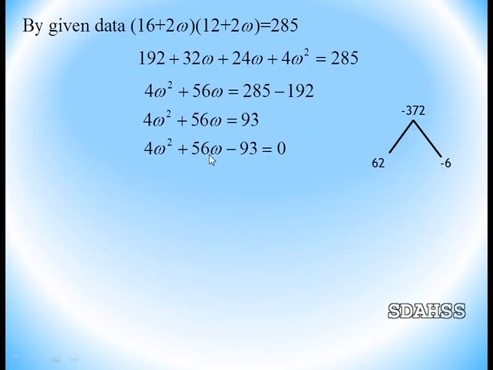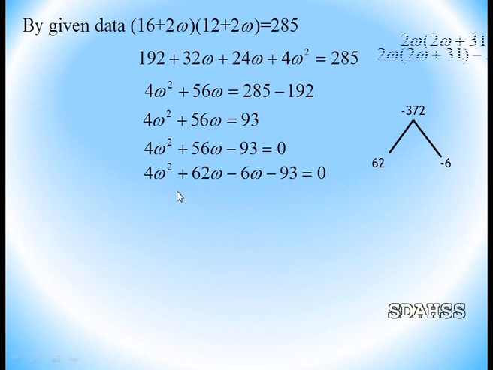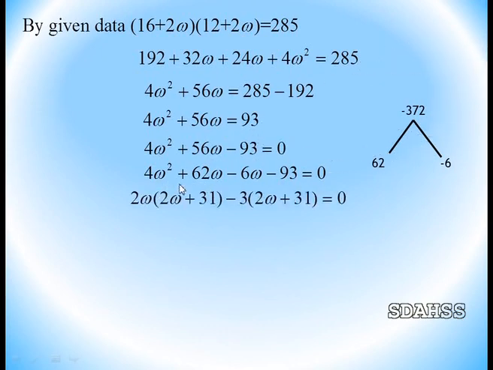So this equation can be written as, you keep the first term 4W² as it is, plus instead of 56W you write 62W − 6W − 93 = 0. In the first two terms, 2W is the common factor, so take it outside.